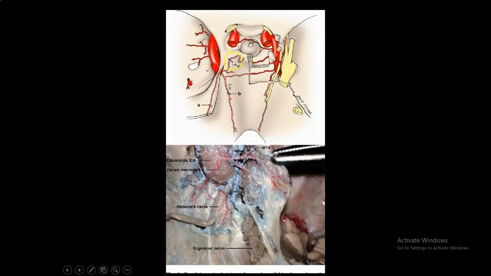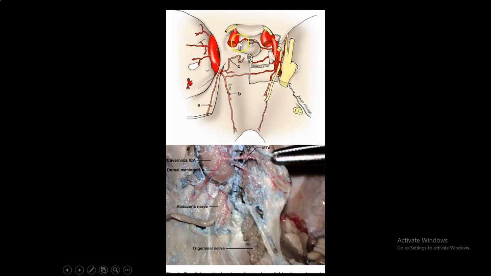Again, as we said, meningohypophyseal trunk, artery of inferior cavernous sinus, McConnell's capsular artery, with the meningohypophyseal trunk supplying the dorsal meningeal, tentorial artery, and the inferior hypophyseal artery.